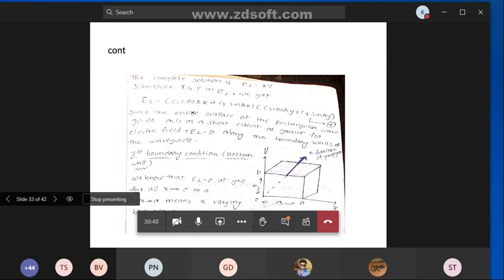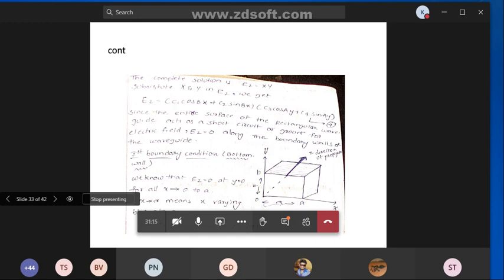First of all, we are seeing the bottom wall, right? So at y equal to 0, x changes from 0 to a. So that is the first boundary condition, the bottom wall boundary condition. Here Ez equal to 0 because the entire surface of the rectangular waveguide acts as a short circuit.